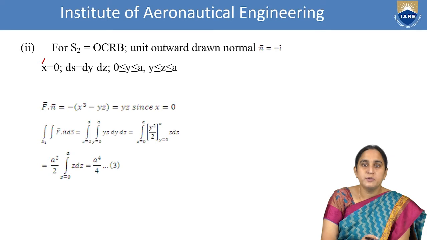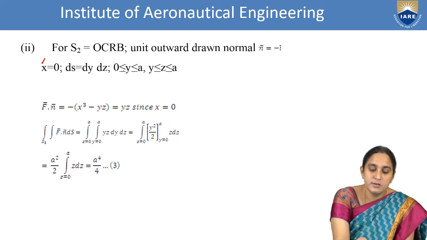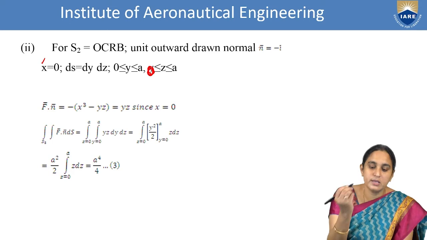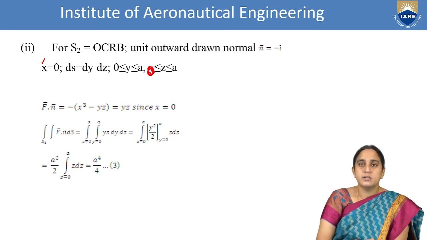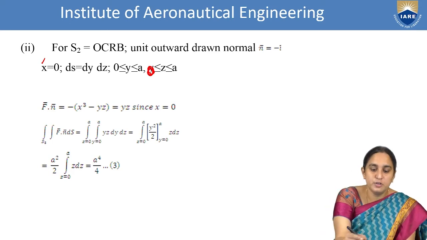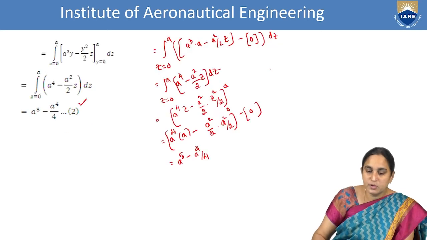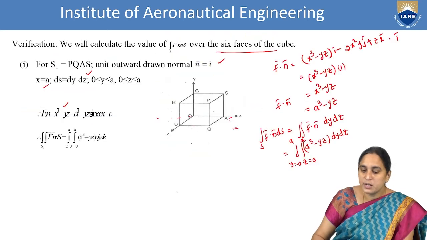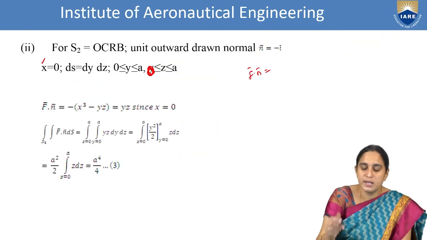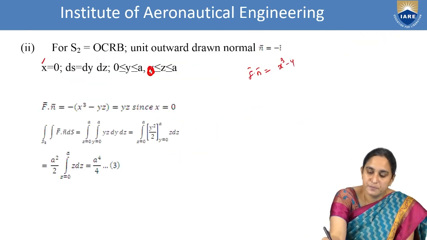And what are the y limit points? 0 to a, and z limit points also 0 to a. Already we know what f bar dot n bar is. In the previous phase we got f bar dot n bar is equal to x cube minus yz, right?